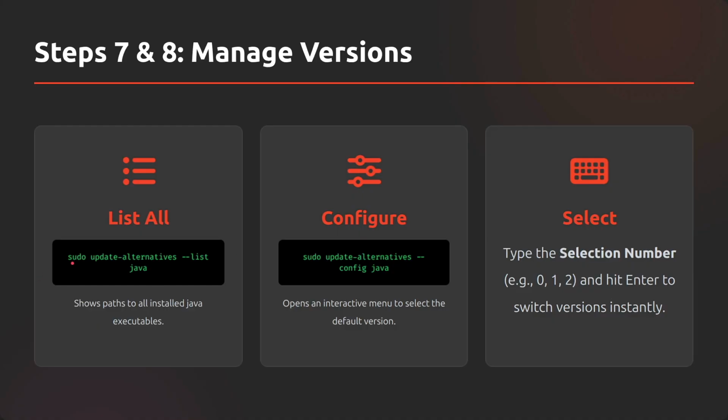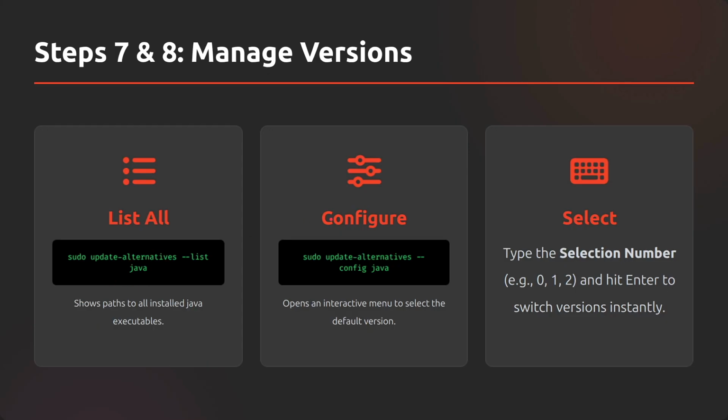If you utilize sudo update-alternatives --list java, then this will show all the installed Java executables. For example, if we have installed four Java versions, it will show you all four with the paths where they are installed. So this command is used to list out how many versions are available.